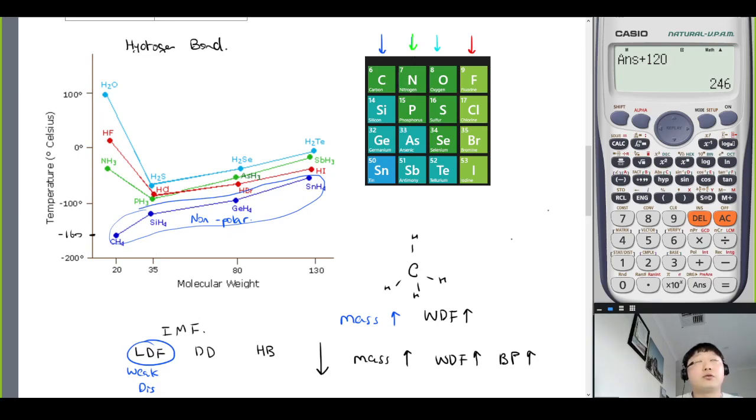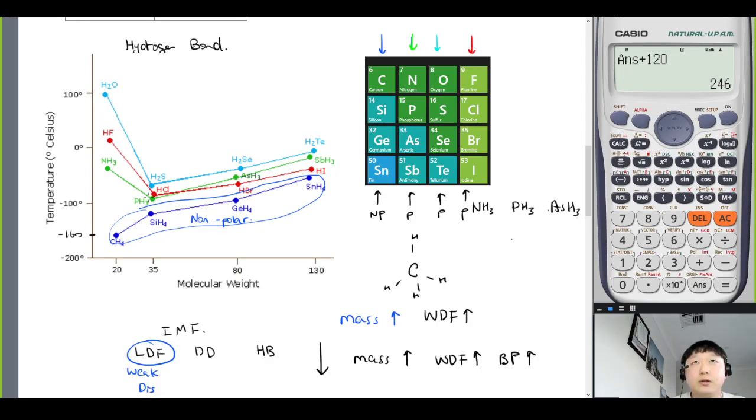Now let's move on to the green line there. So you've got nitrogen with hydrogen, NH3, and then PH3, and then AsH3, and SbH3, right? So these are all polar. This one is polar, this one's polar as well, this one's polar too.